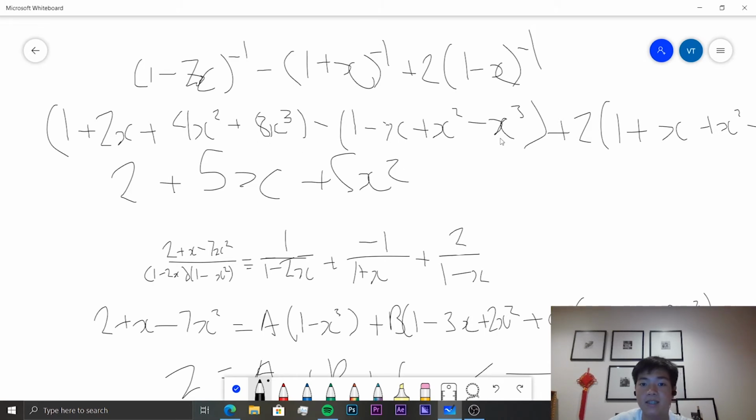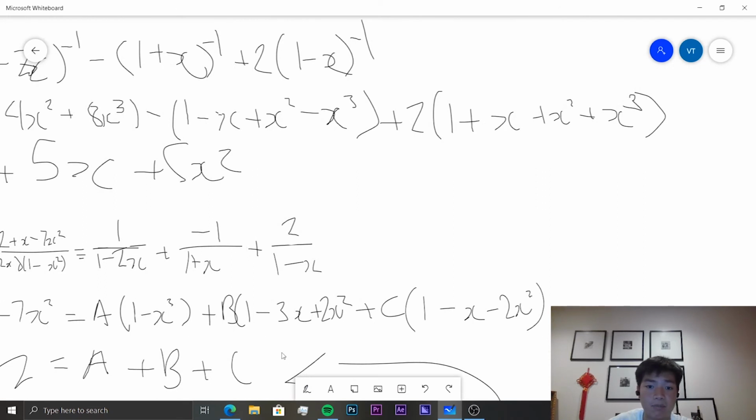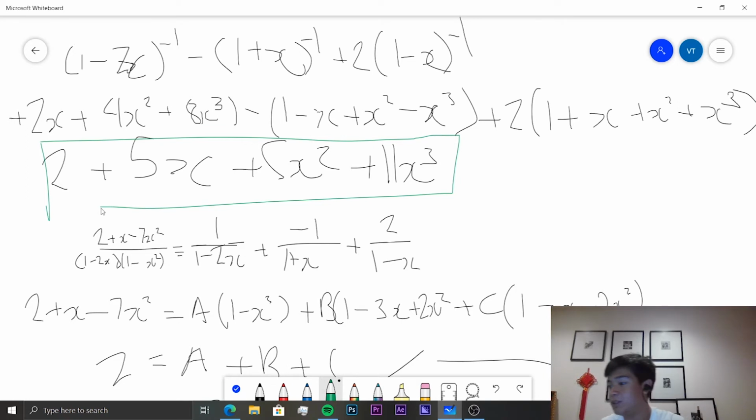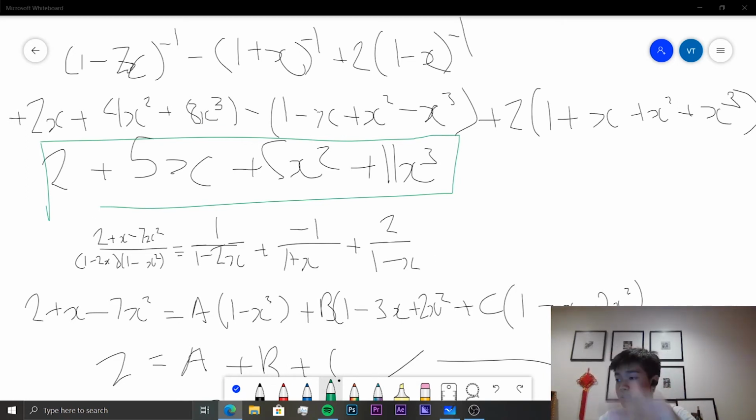And 8x cubed plus x cubed plus 2x cubed is equal to 11x cubed. And so that would be the first 4 terms of our binomial expansion. And let me just check, and that's correct. So we have solved question 16. Now it's time to move on to some harder questions quickly.